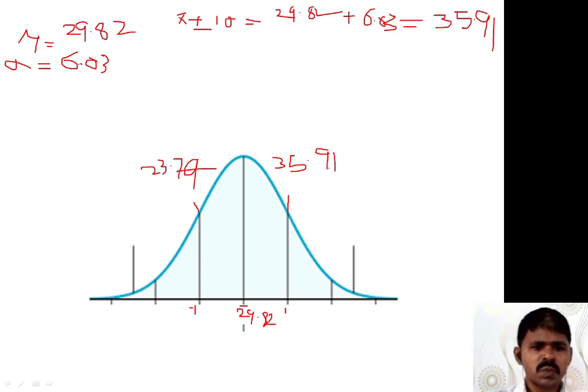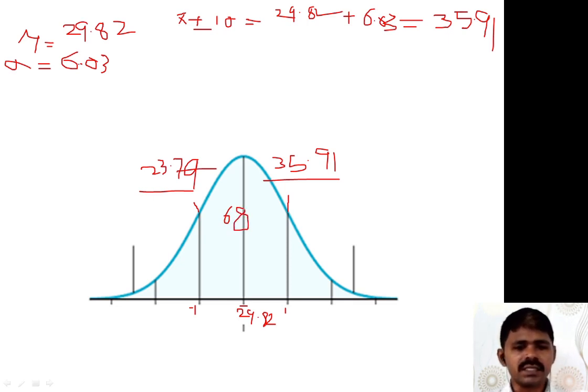So that means from 23.79 hours to 35.91 hours covers 68% of the students. It indicates that at 1 standard deviation level, 68% of the students are watching TV in a week from 23.79 hours to 35.91 hours.